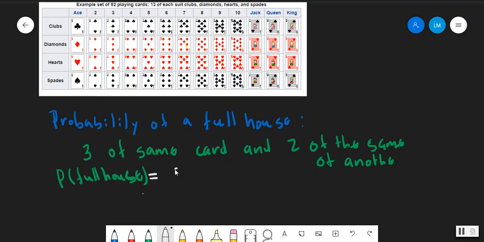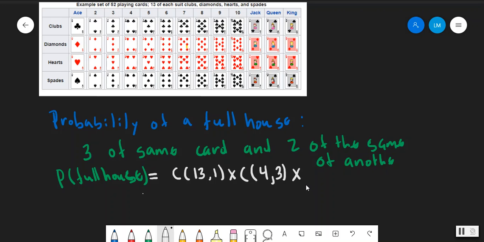So that would be combination 13 choose 1 multiplied by, well, we need to pick, say for example we pick a 2, but then we need the 3, so that's going to be times the combination 4 choose 3 multiplied by, well, now we need another card, so we need to select another card.